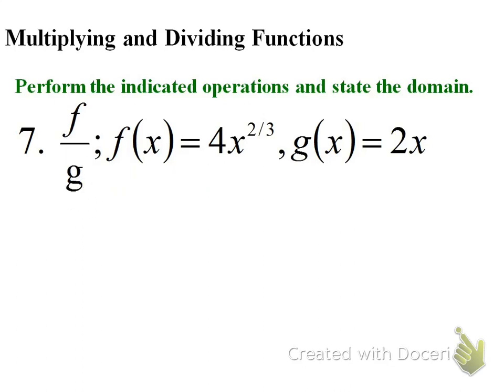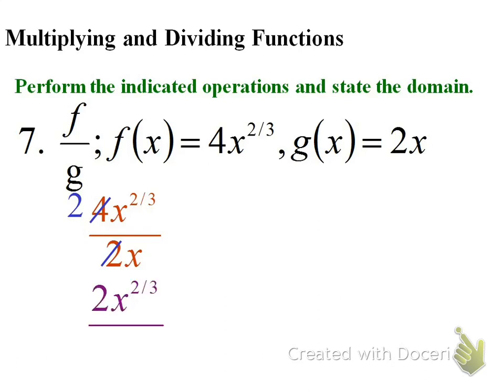All right, but we can still go through the process. So I'm going to take 4x to the 2/3 over 2x. You can simplify these if you'd like. That becomes a 2. So 2x to the 2/3 over x.